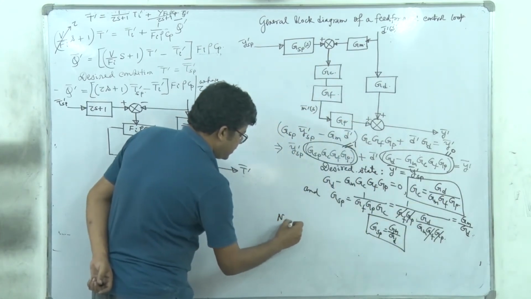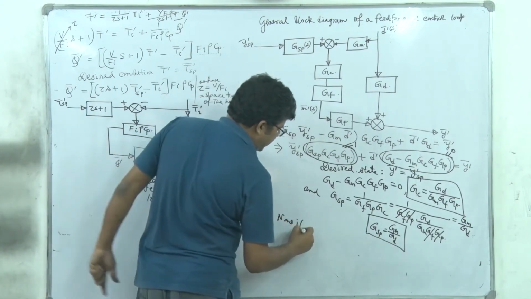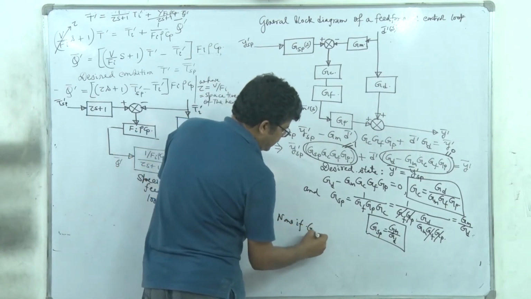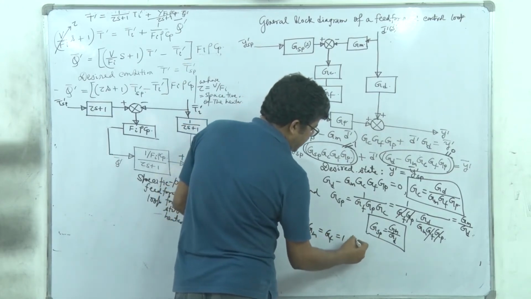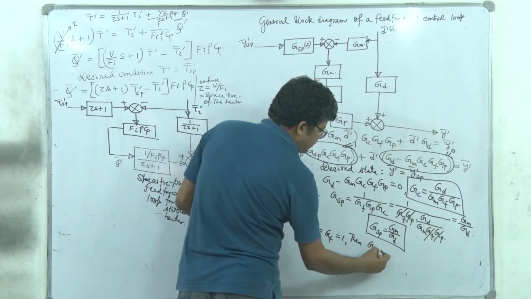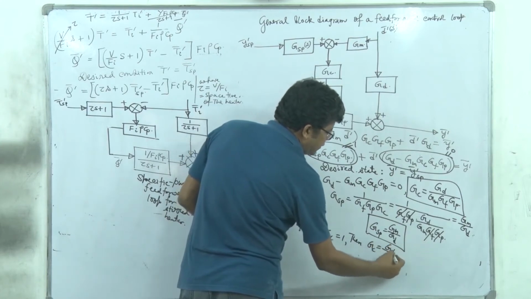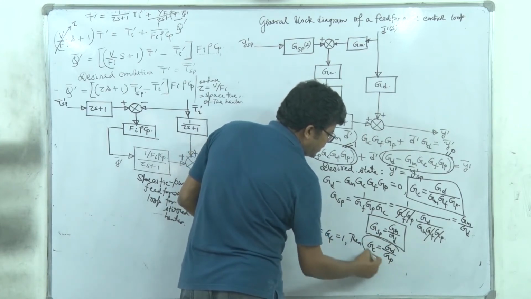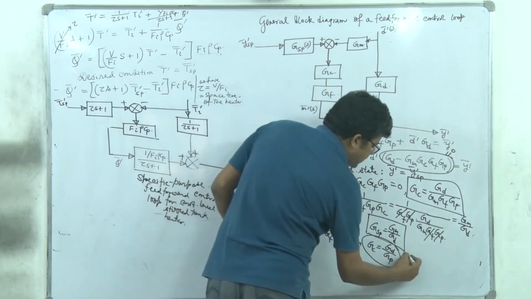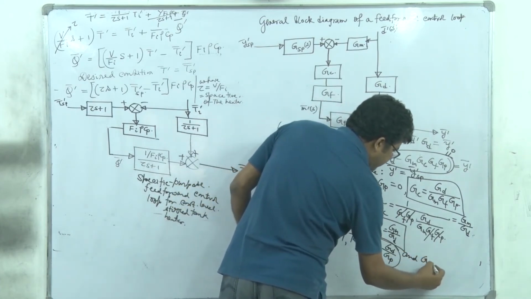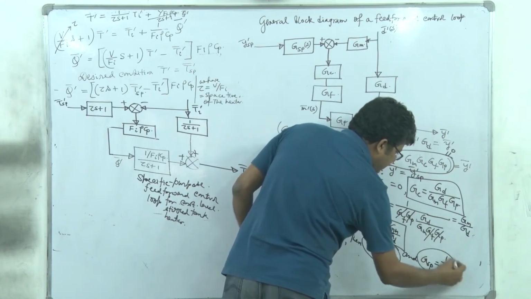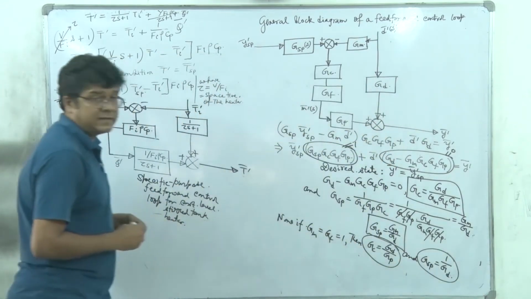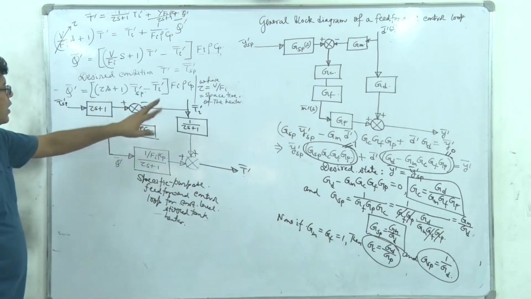Now let's map the previous case. If GM is equal to GF is equal to 1, then we will have GC is equal to GD by GP, the first one, and GSP is equal to 1 by GD, right? Now let's check whether we have got it here or not.